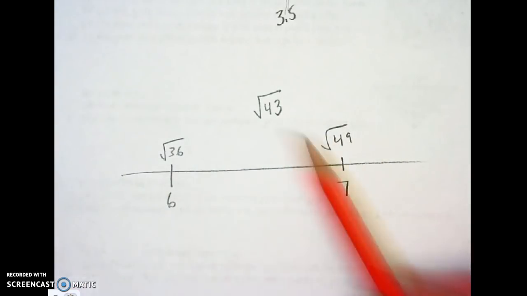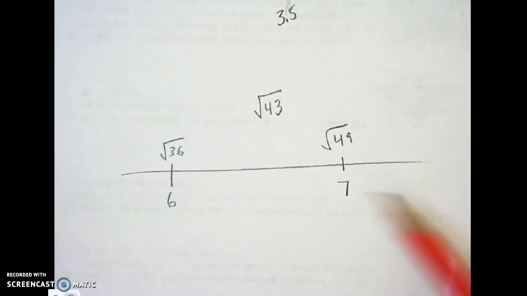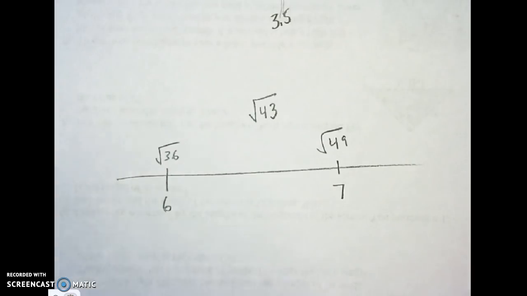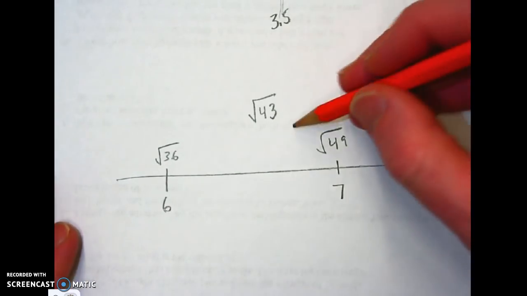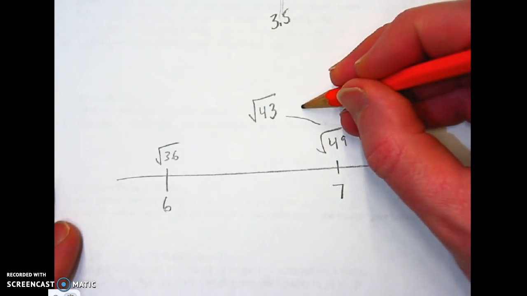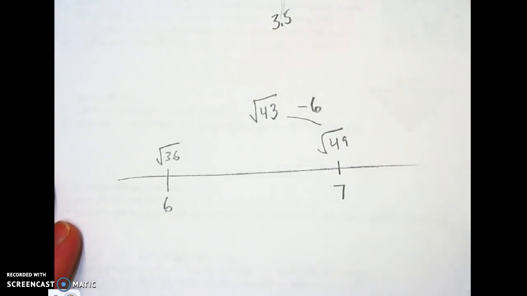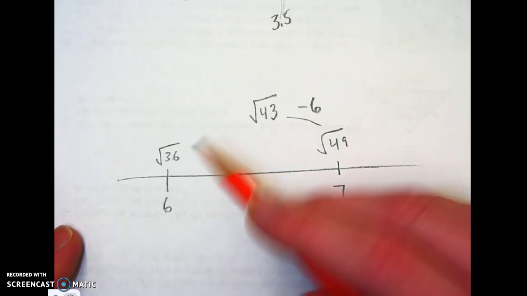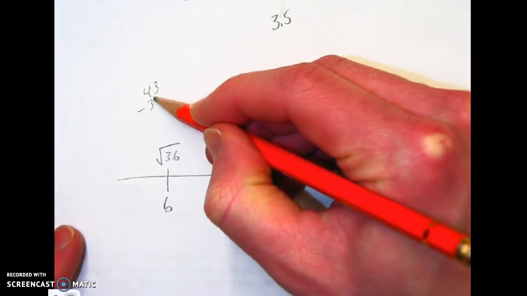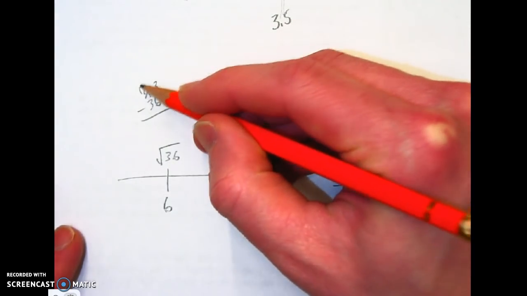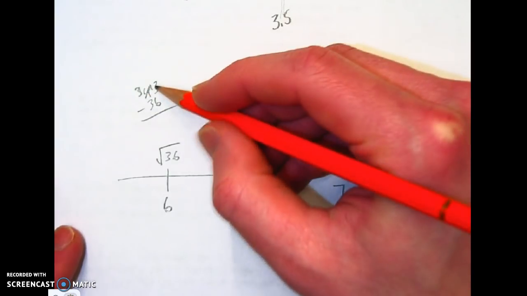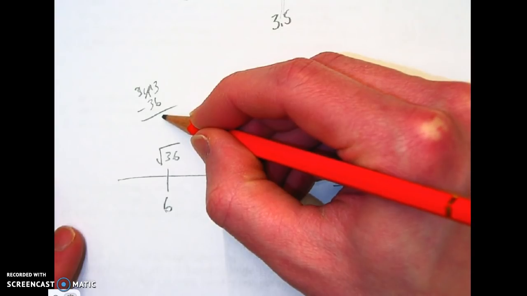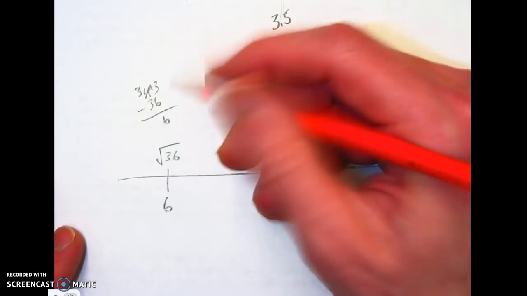I want to know which one it's closer to. Well, I'm not going to make a number line for all of these numbers. I'm going to do the best I can to estimate that in. It is 6 numbers below 49. And let's see how many numbers it is above 36. So 43 minus 36, that's 7.